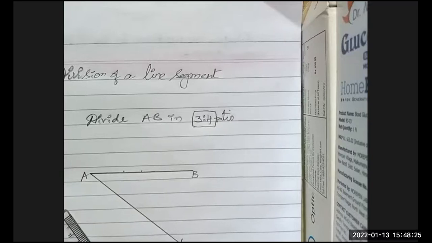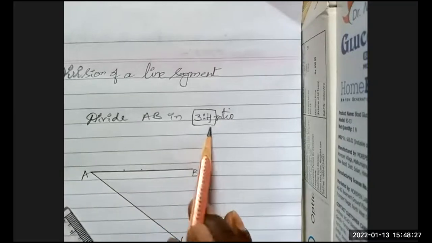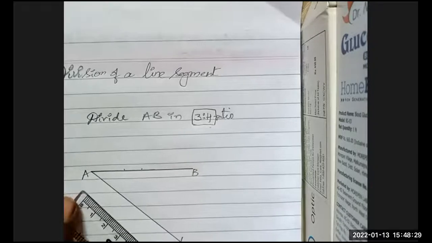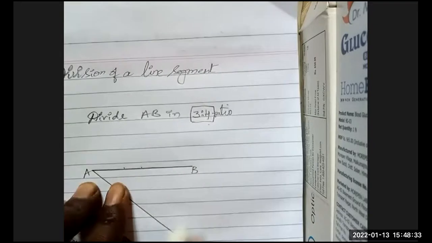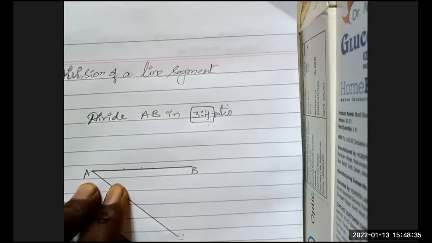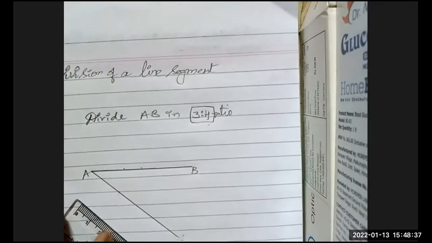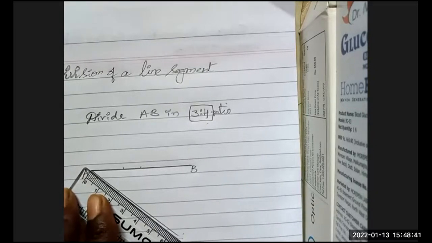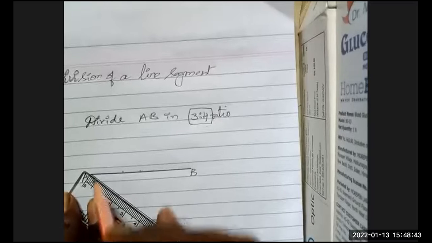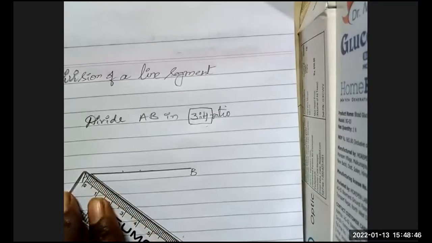So 3 plus 4, together it is 7 centimeters. There is no compulsion on how long this ray should be, but for our easy purpose, we can make it at least 8 centimeters. उसमें हम 7 equal parts बनाएंगे.